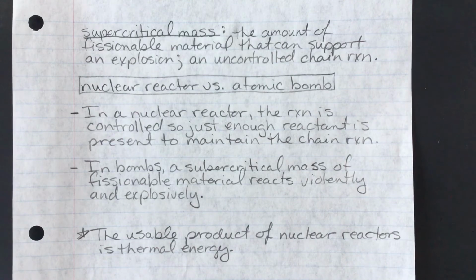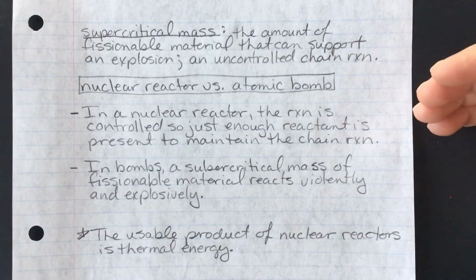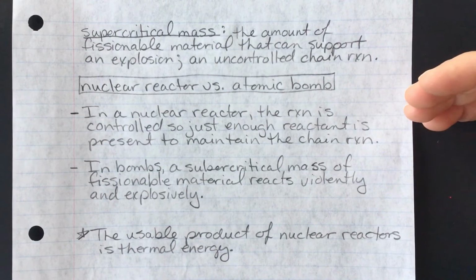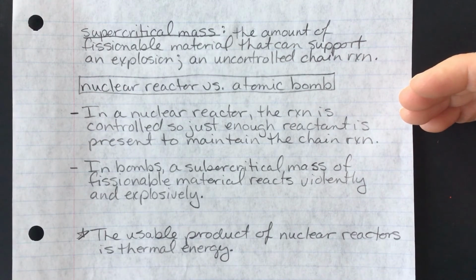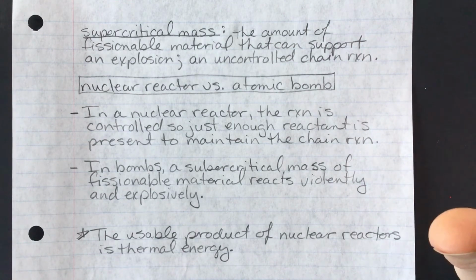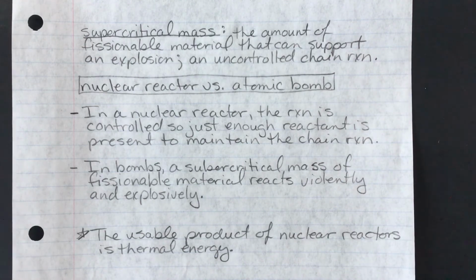And we don't want an explosion from that, like Chernobyl, where they had a meltdown. It wasn't an explosion, but it did get out of control. And actually, I believe the book says, and you can check the book on this, about 20% of our electricity in the United States is produced from nuclear reactors. Some countries get most of their electricity from nuclear reactors.